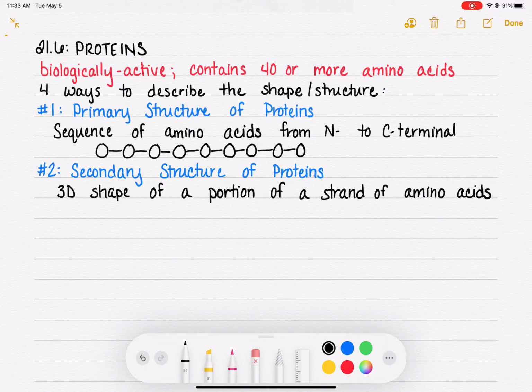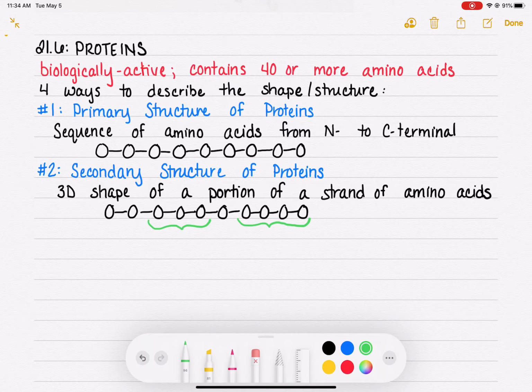So, kind of going on this beads on a necklace analogy, if we have a protein that has all of these amino acids connected together in a primary structure, then perhaps these ones right here are going to adopt a secondary structure, a unique three-dimensional shape. And maybe these ones out here are going to also adopt their own secondary structure, their own three-dimensional shape.